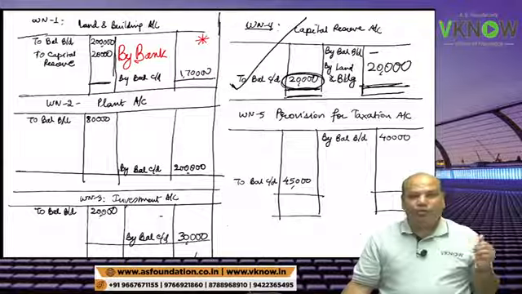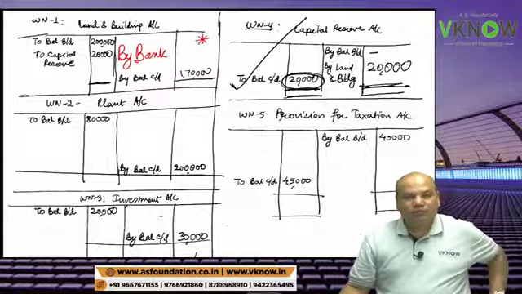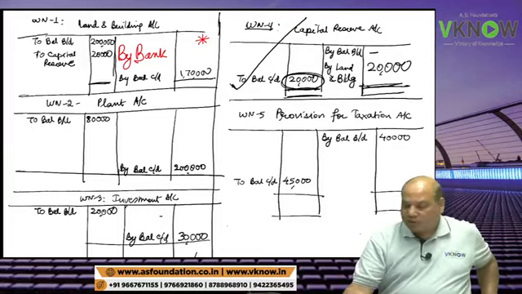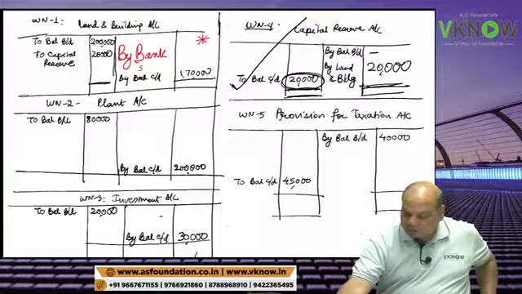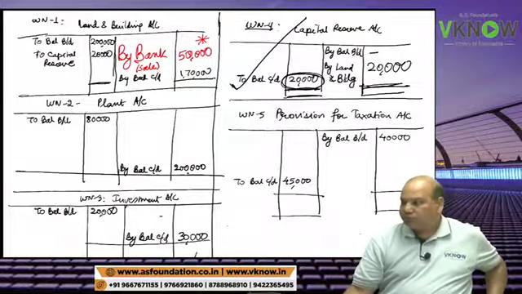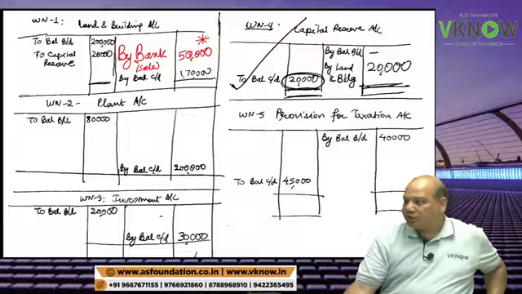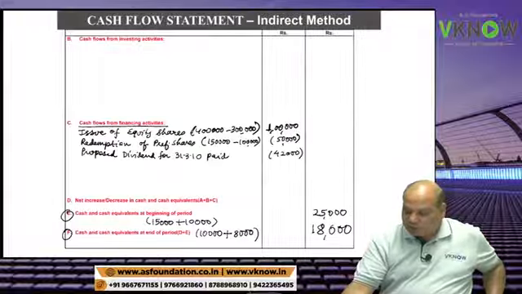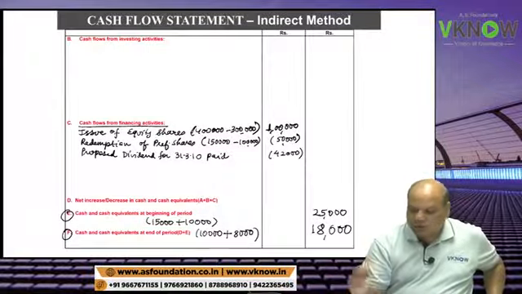So this reminds you of single entry system. Yes, this will help you to find out the missing figure. So missing figure this time is by bank, sale, and this is equal to 50,000. So the moment you write by bank 50,000, we will go to investing activity.